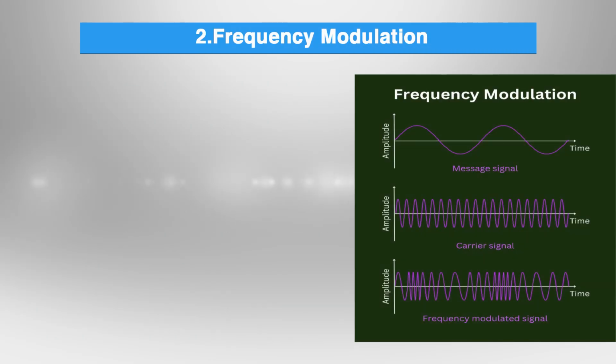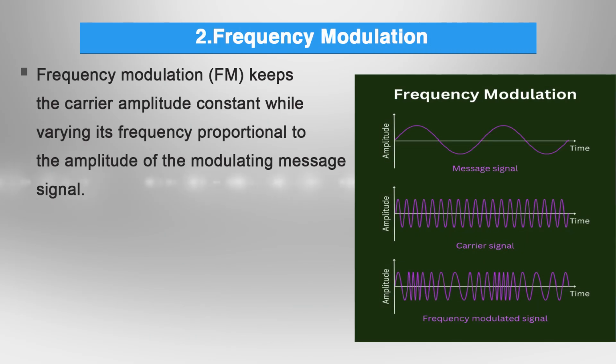Next is frequency modulation. Frequency modulation keeps the carrier amplitude constant while varying its frequency proportional to the amplitude of the modulating message signal.